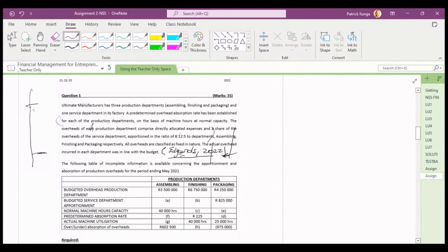So without further ado, I'm going to the first question. If you have had a good read, which you probably have already at this stage, I just want to emphasize again that the first part of your solution should be this table. Please repeat this table in your actual paper.